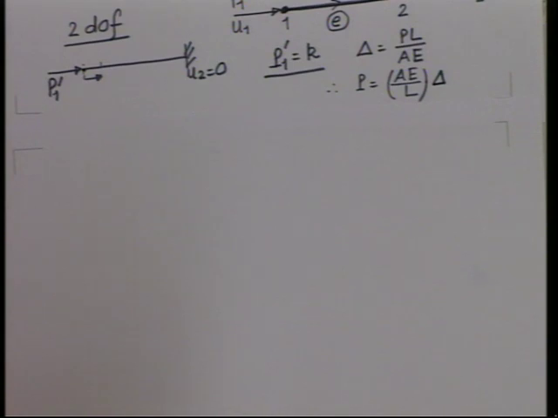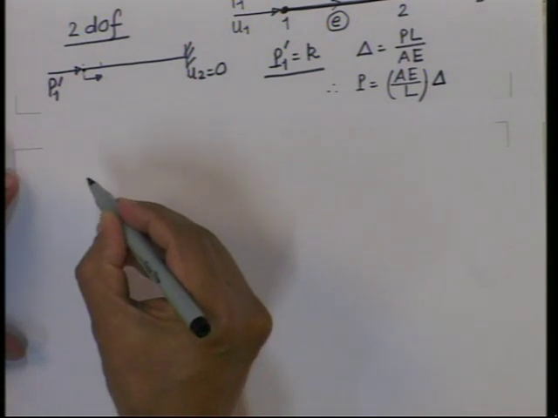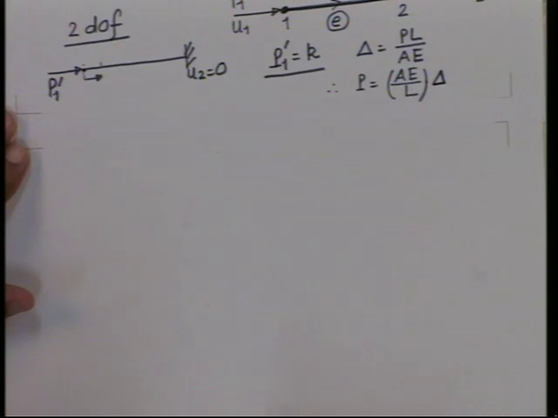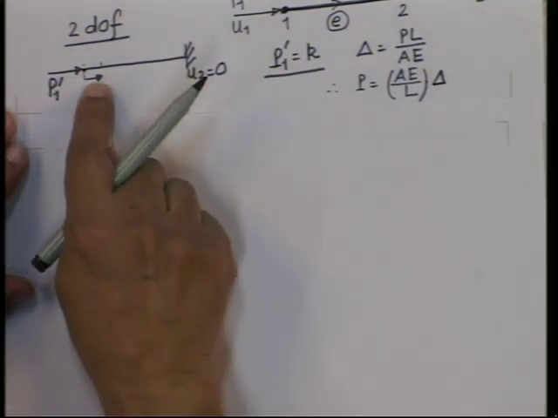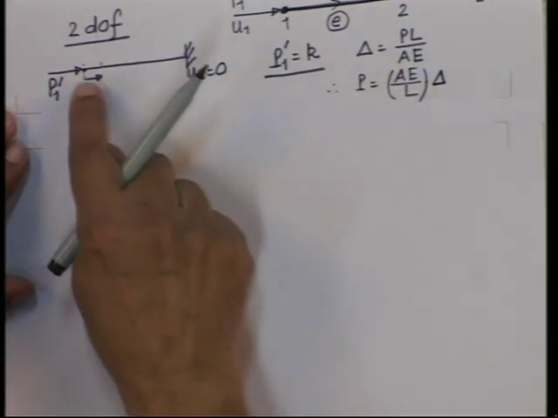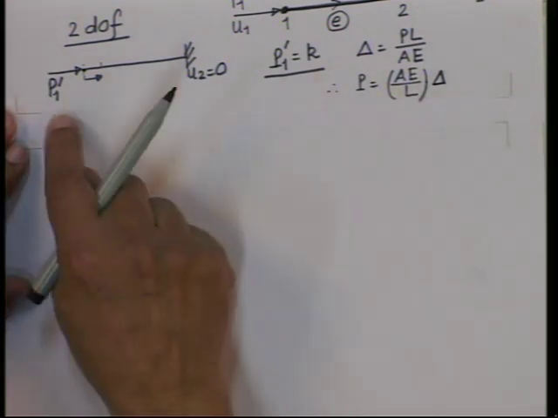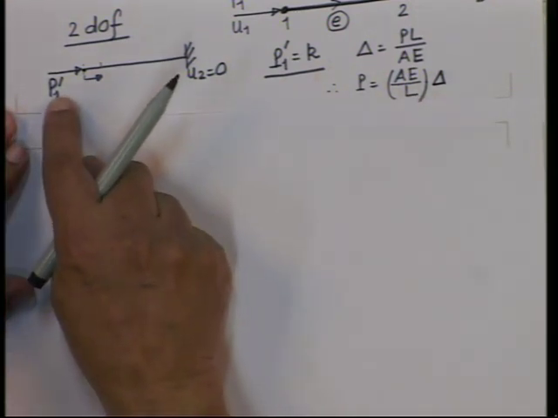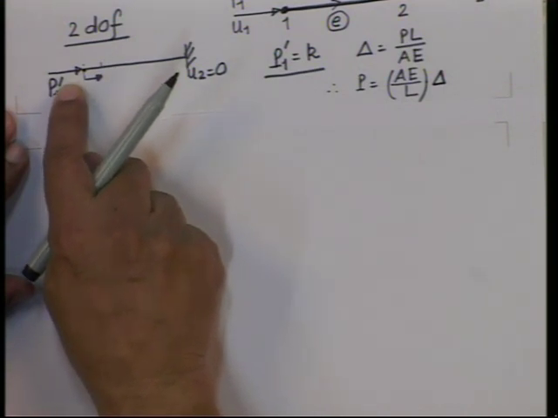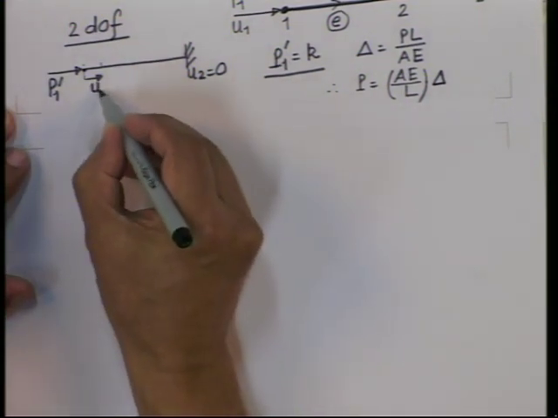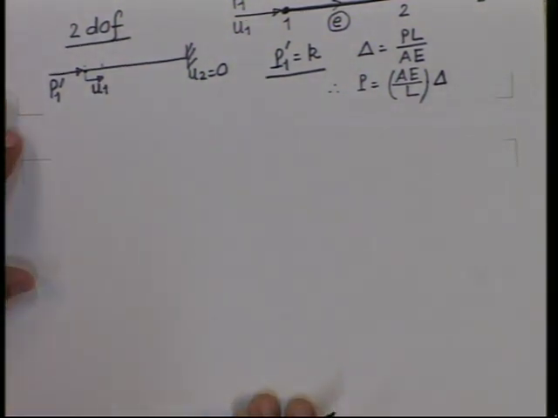So let us say P1 dash is the force required to produce unit displacement. Here it is very clear, the stiffness of this rod is A by L. So let us say I apply P1 dash such that the displacement here is U1.